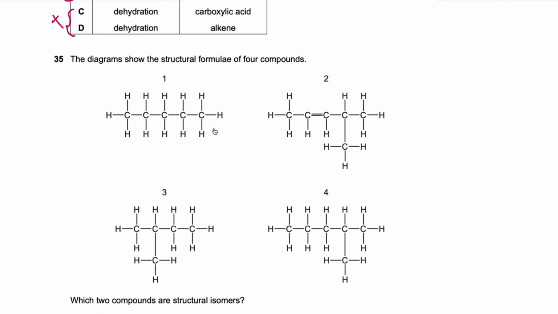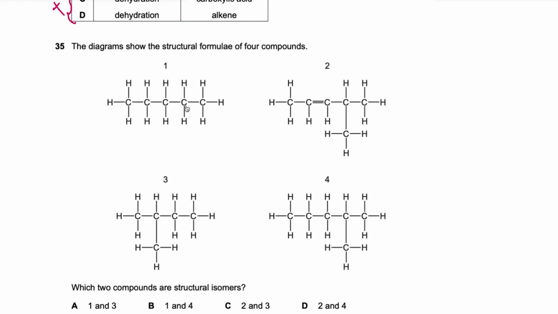Now the diagram shows the structural formula of 4 compounds. This is 1, 2, 3, 4, 5. This is pentane. Okay, this is 2-methyl, 1, 2, 3, 4, 5.